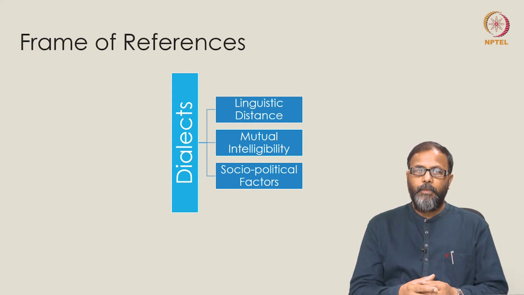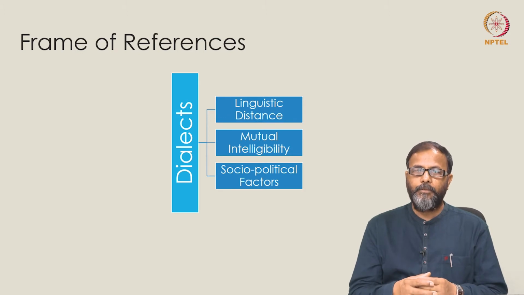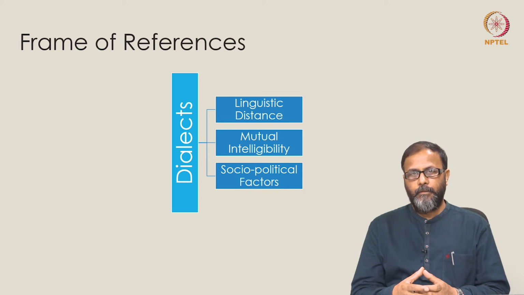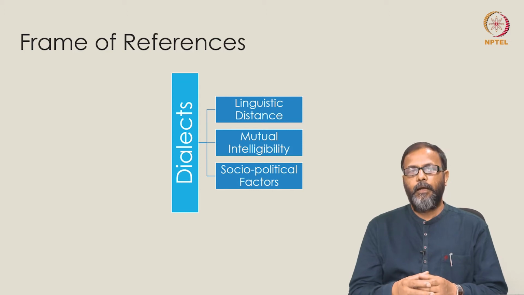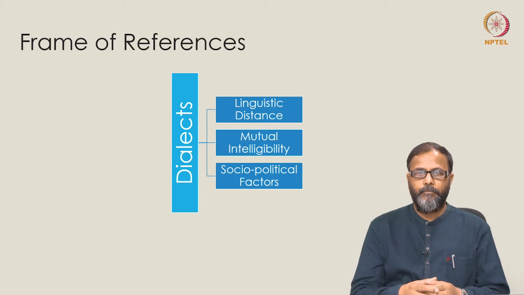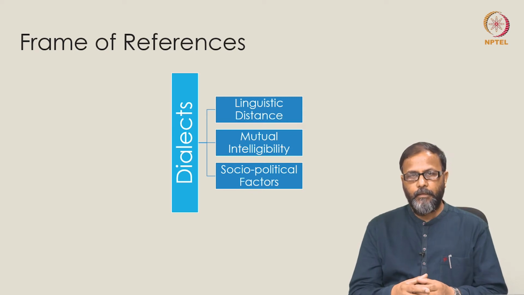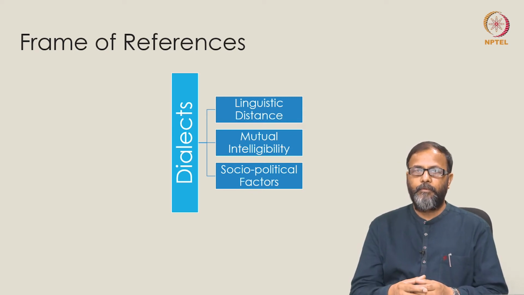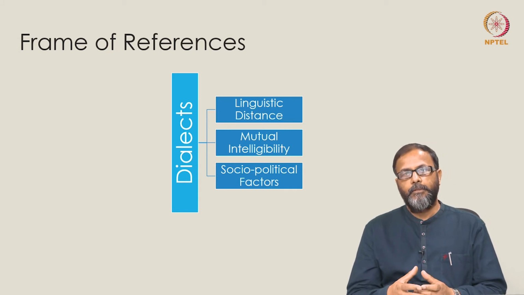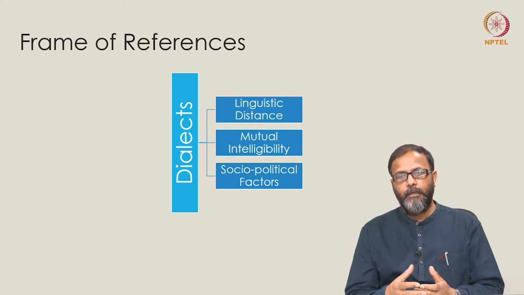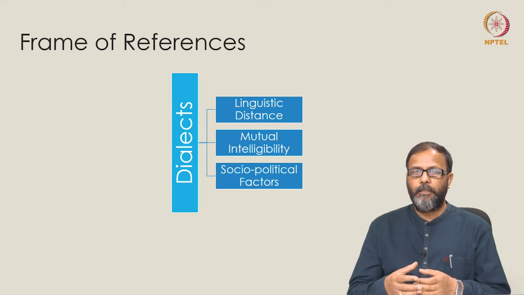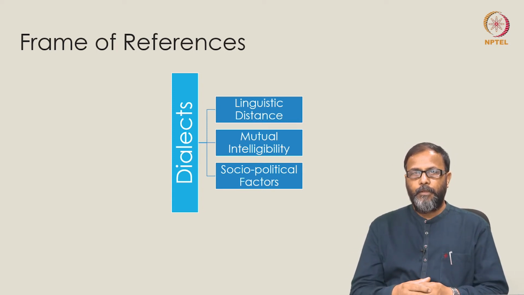But these variations can be understood in terms of the three frames of reference and how we determine that variety X is a dialect of a particular language. We have to look at that dialect, that variety, with a particular frame of reference, and these frames of reference are linguistic distance, right, mutual intelligibility, and socio-political factors attached to it, right.